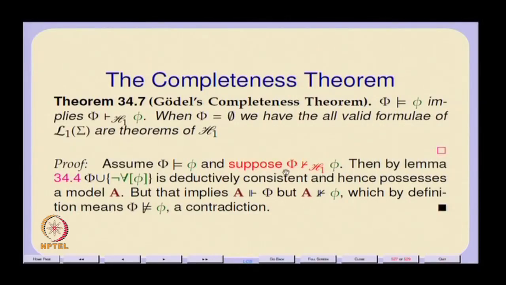So, supposing phi is not provable from capital phi under H1, then it means phi union the negation of the universal closure of phi is deductively consistent and hence possesses a model A. But that implies that every formula in capital phi is true in this model A, but this formula phi itself is not true in model A. That means A is a model which shows that even though every formula in capital phi is true, the small phi is not true.